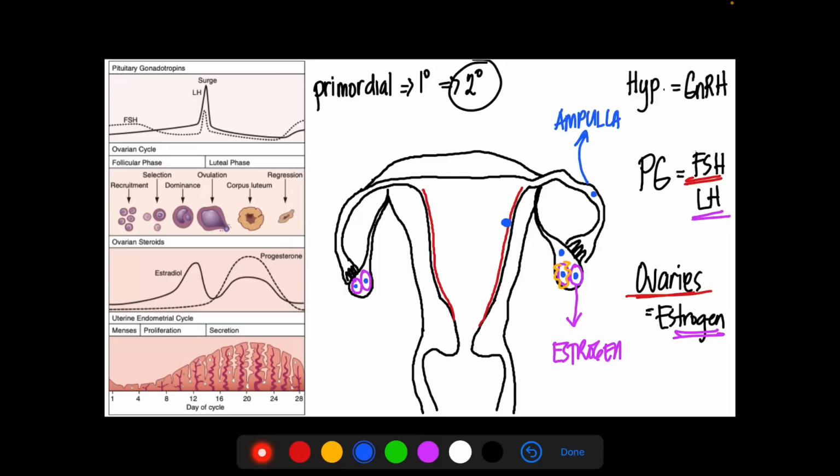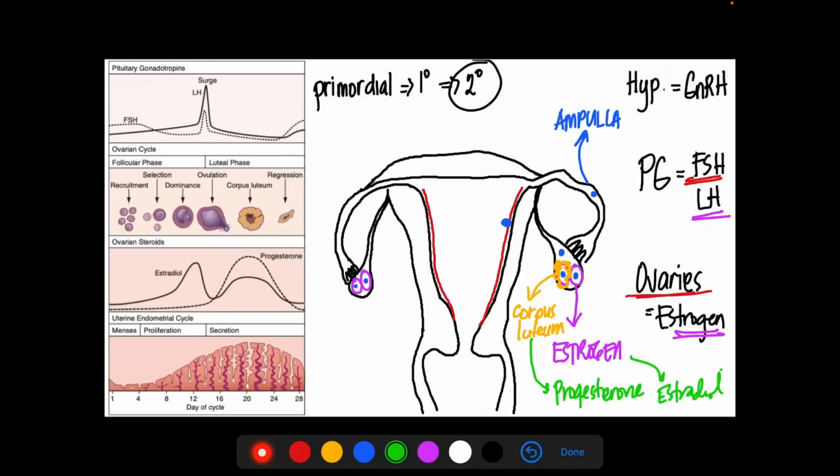Once it is implanted into the endometrium, what will happen to this ruptured follicle? This ruptured follicle will become a corpus luteum. And this corpus luteum will produce what hormones? They will produce progesterone and another estrogen, the estradiol.